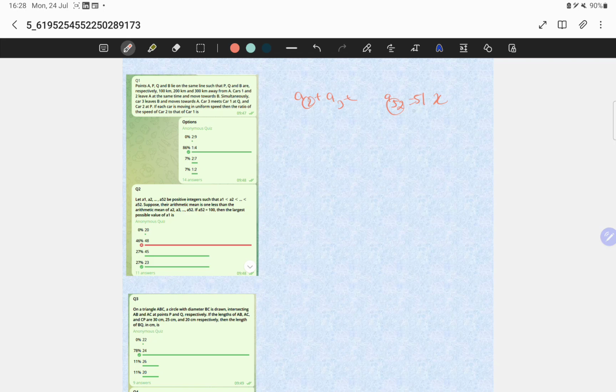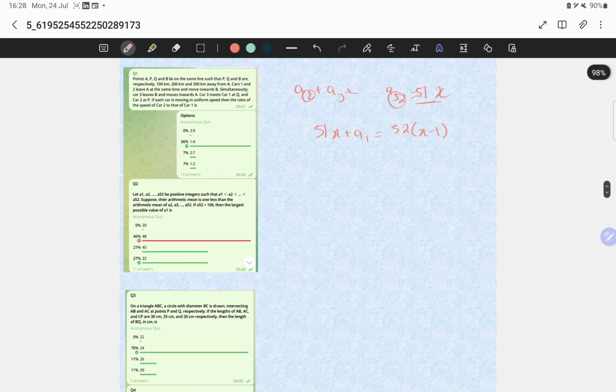So when A1 is added, 51x plus A1 will be equal to the new total. The number of terms will be 52 and the mean will drop by 1, so this will be 52 times (x minus 1), that is 52x minus 52. Moving this to the other side, A1 equals 52x minus 52 minus 51x, so A1 will be x minus 52.